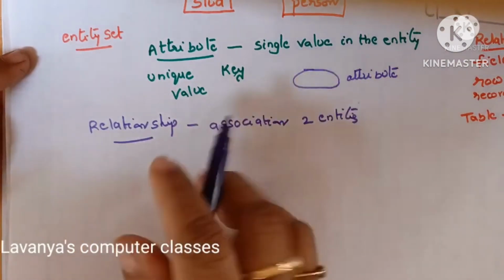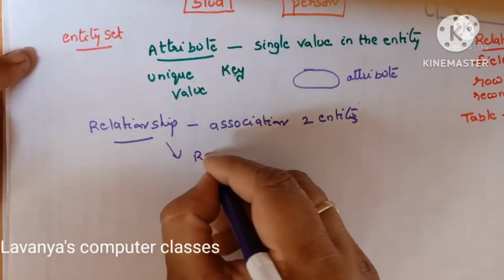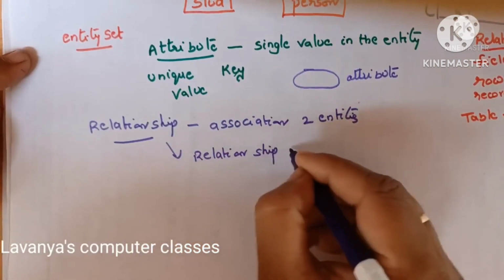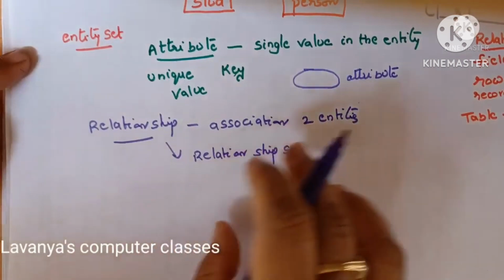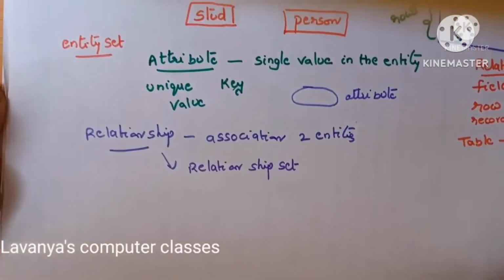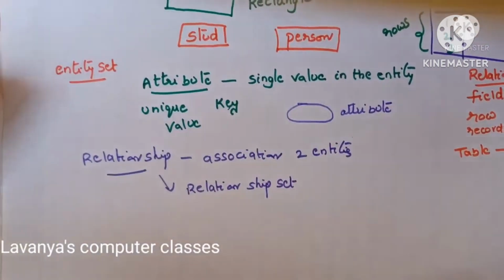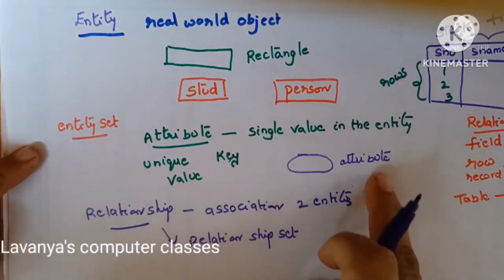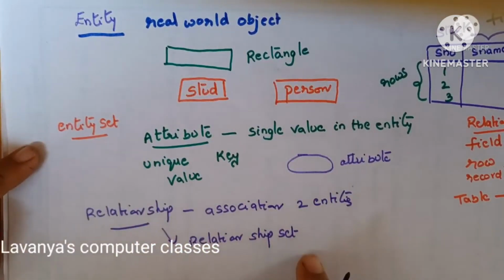A collection of similar relationships is known as a relationship set. So these are some proper words we use in the ER diagram: entity, entity set, attribute, relationship, relationship set.